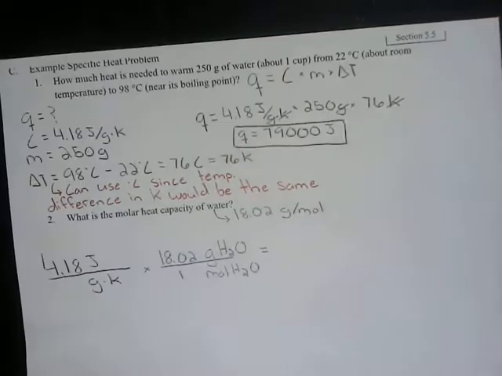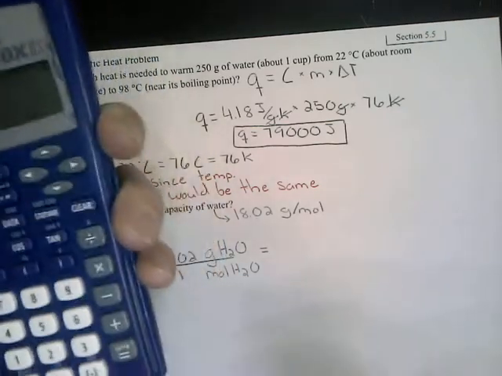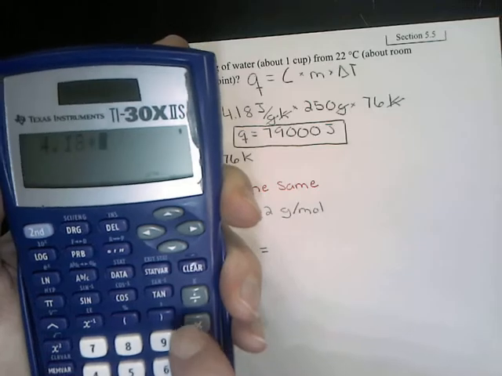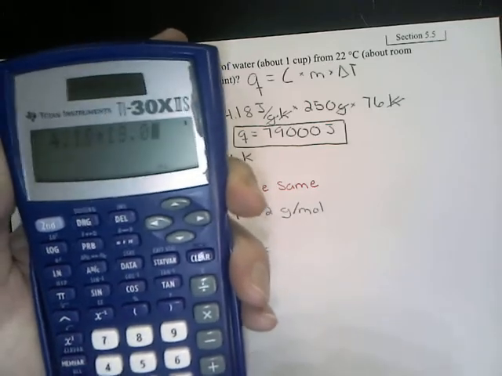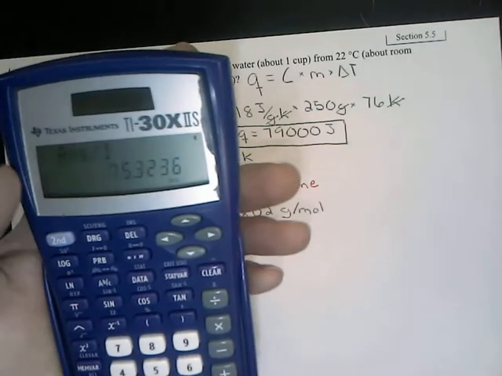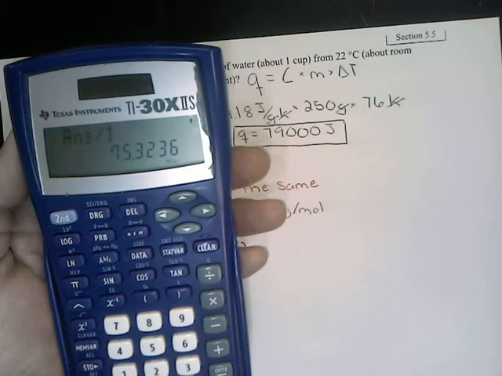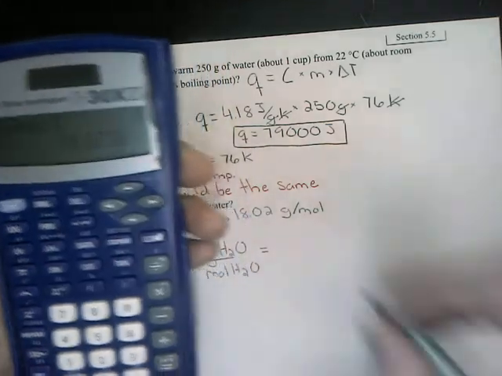Okay, and now all we have to do is calculate this out. We take 4.18 times 18.02 and divide by 1, and we get a value of 75.3 when we round it to 3 significant digits.